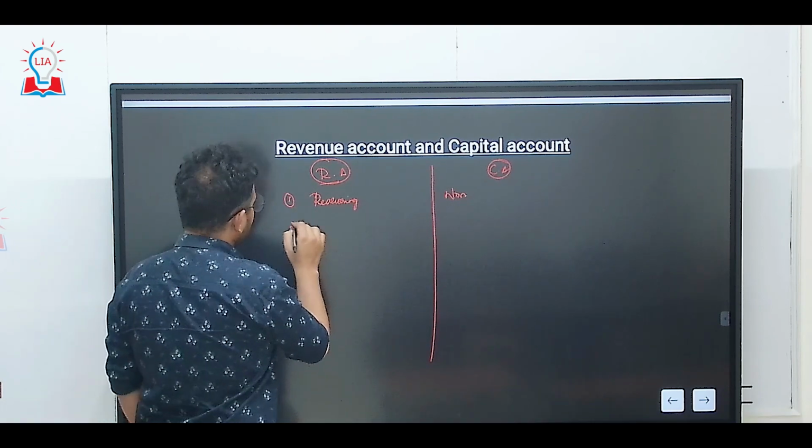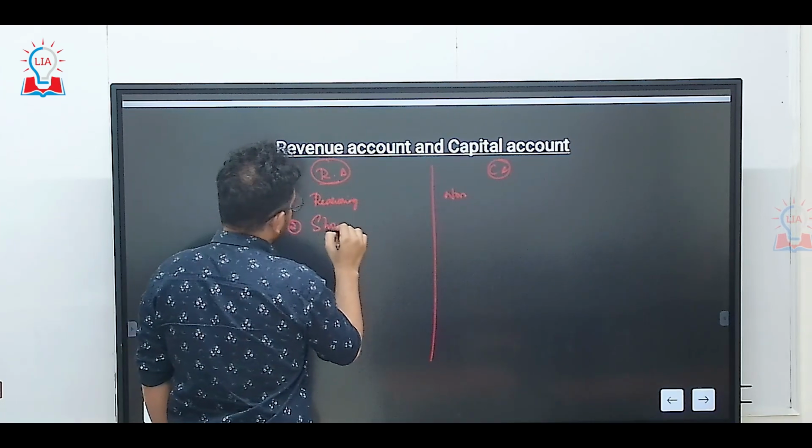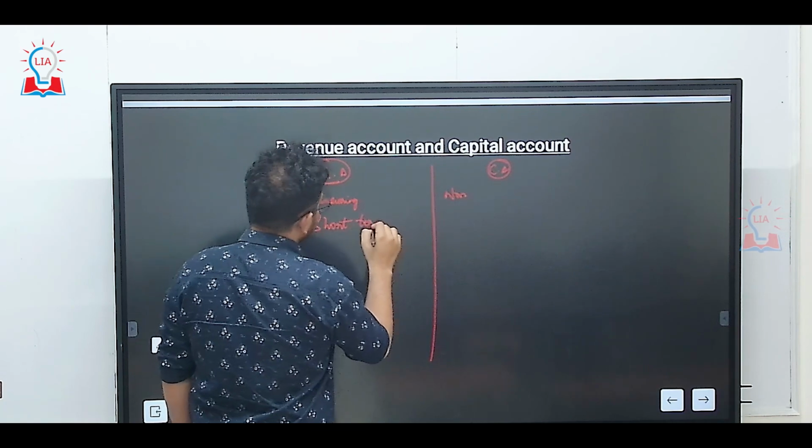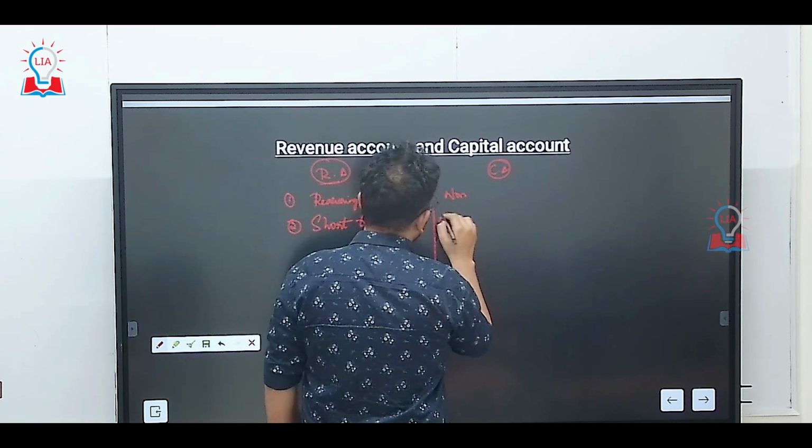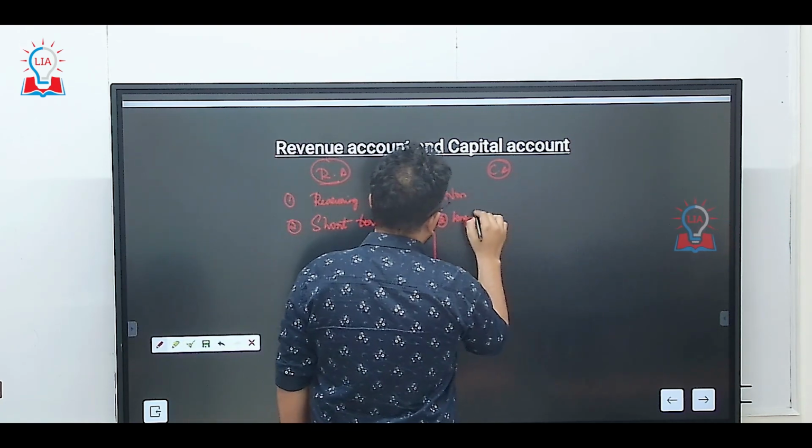Second, the revenue account payments are short term, whereas the capital account payments are long term.